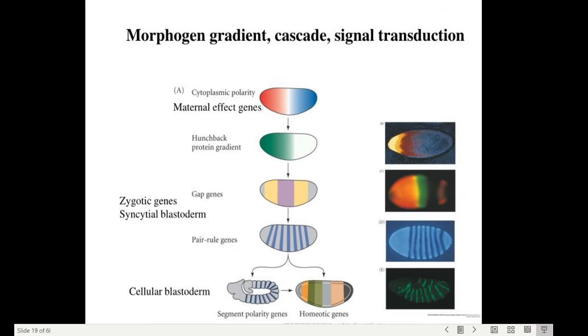Then fourth, the next step is the cellular blastoderm. In the cellular blastoderm, the segment polarity gene is forming the specific homeotic genes. Okay, it's a differential process.